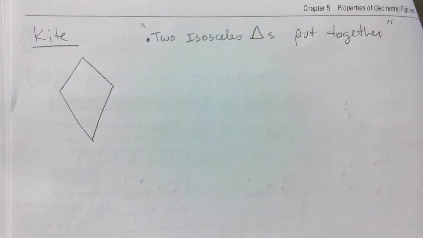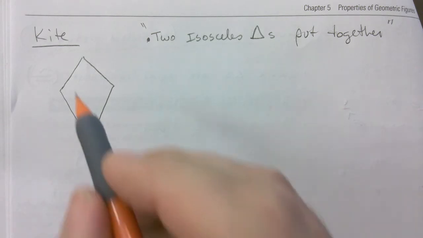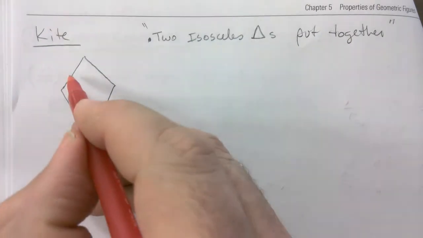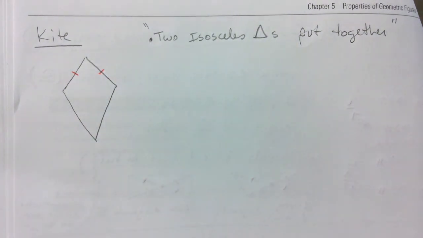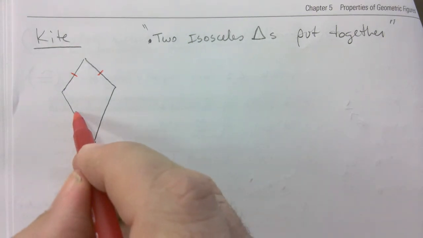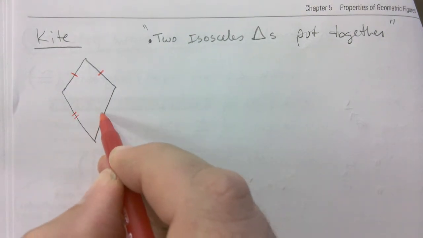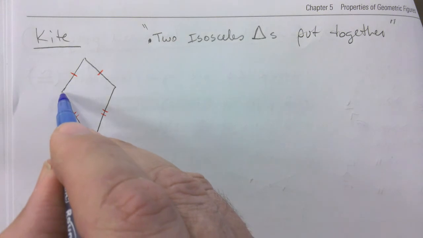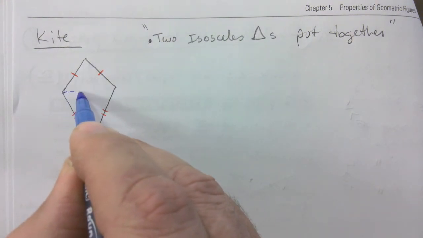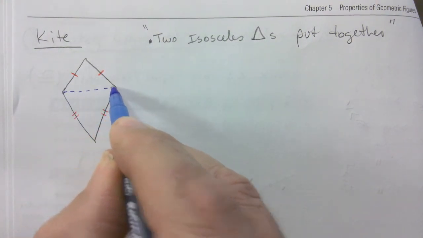Okay, that's what I want you to think of when you think of a kite. Two isosceles put together. So, what does that mean? Well, it means that this triangle up here, this is an isosceles, so we know that those two sides are going to be the same. And we know that these two sides are going to be congruent as well. So, boom, boom, right? It has a diagonal going across like this, right?